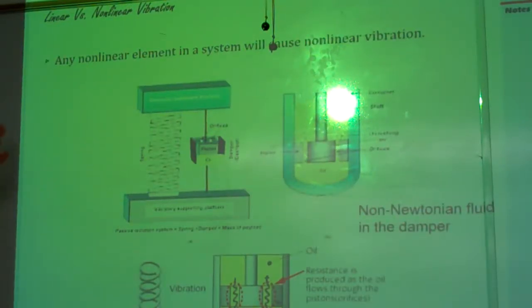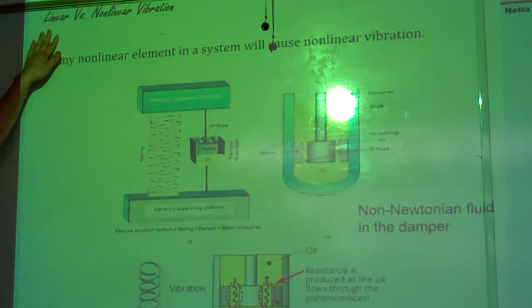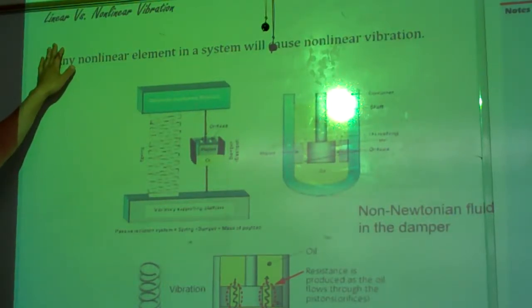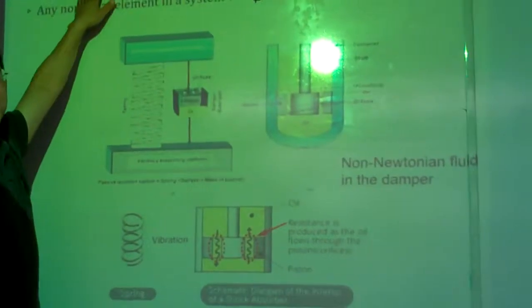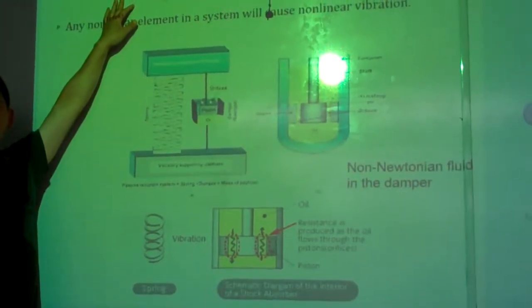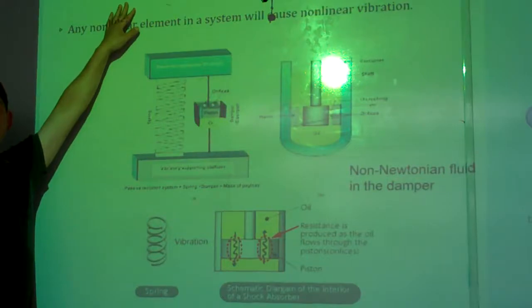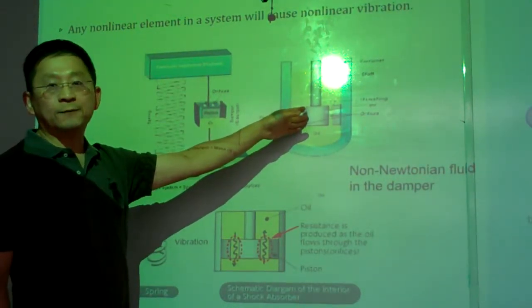Okay, we're back to linear and nonlinear systems. Again, a linear system is one where the formulation is linear, and that means the superposition principle can be applied. Keep this in mind. Nonlinear systems can arise from, for example, the existence of Coulomb friction, or any nonlinear term from the damping.